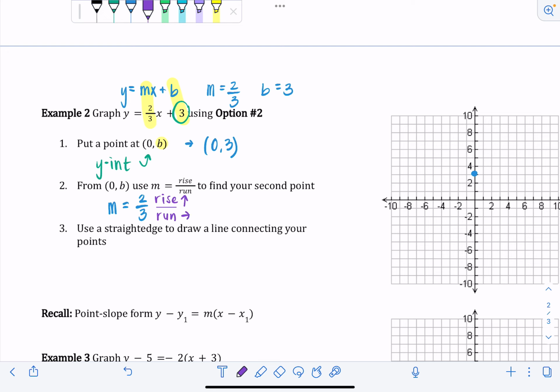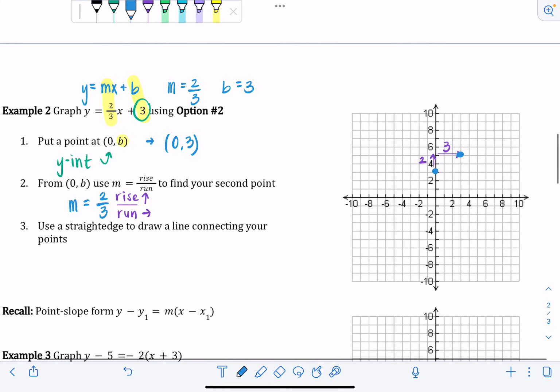So we'll start at our 0, 3 point and we'll go up 2, so we want 2 up and then we'll go 3 to the right to get our next point, which should be at 3, 5 right here. And we just need 2 points. We can go down to step 3. We can use a straight edge to connect our points.